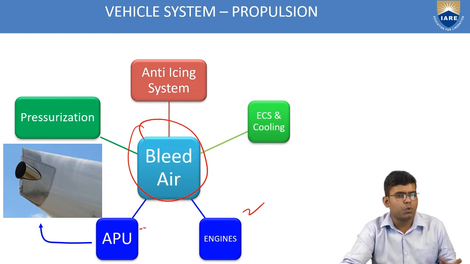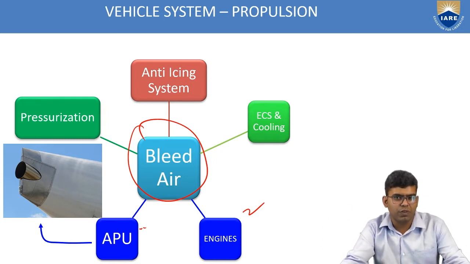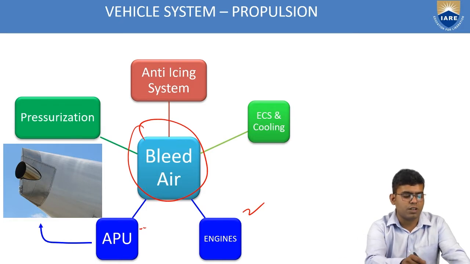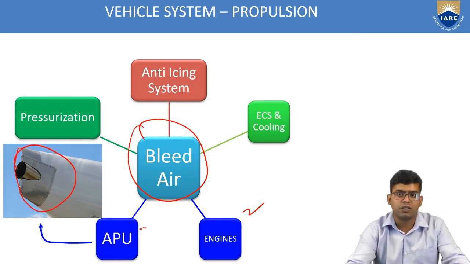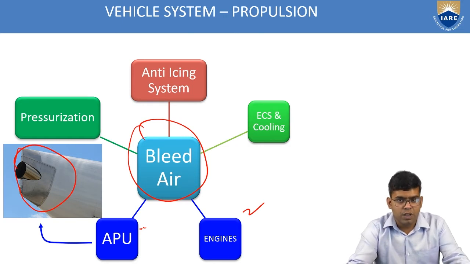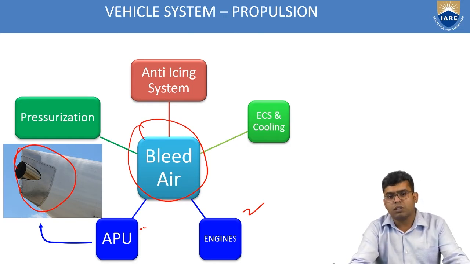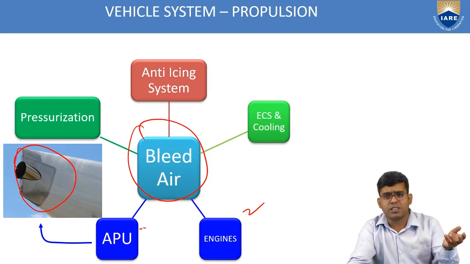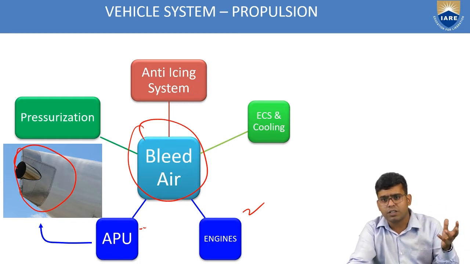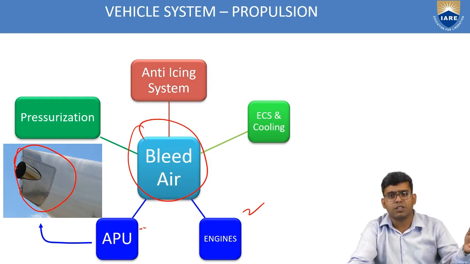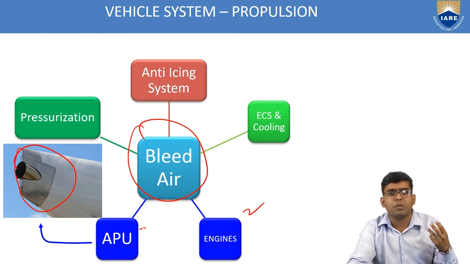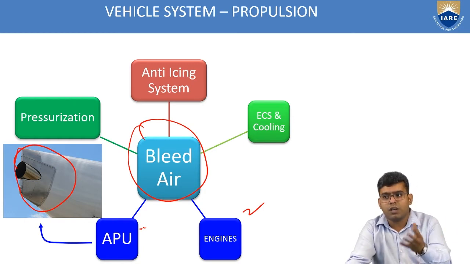But APU is the auxiliary power unit. But where is the auxiliary power unit? If you see the image over here, it is in the tail. It is situated in the empennage section of the airframe. APU is a small turbine engine which has a compressor and turbine, used to power the hydraulic systems, and it is a generator which runs on aviation fuel.